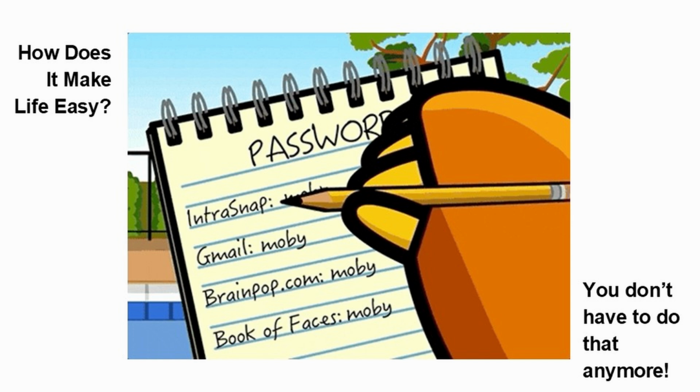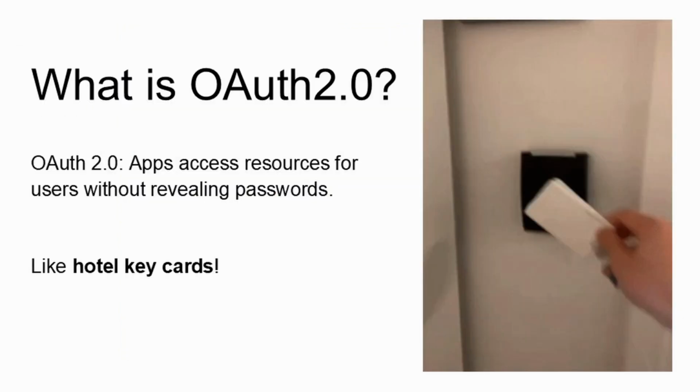Let us deep dive into the main part of today, that is, what is OAuth. Apps access resources for users without revealing passwords. Again, a big sentence. So think of it as your hotel key cards. When you go into a hotel, the receptionist gives you a key card.